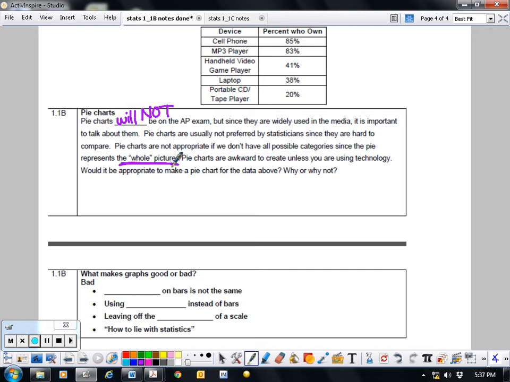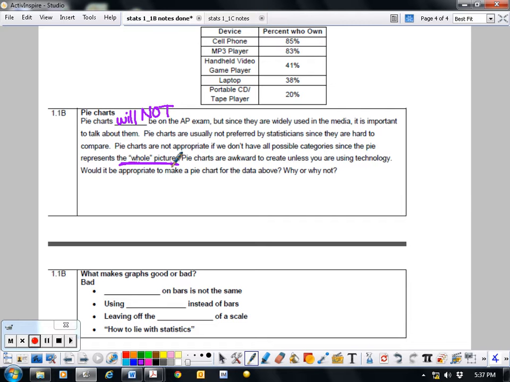And so when I'm looking at these things, for a whole picture, everything would have to add up to 100%. And when I look at these percentages, they don't add up to 100%. And the reason why is because people can own more than one device. So for a pie chart, you have to make sure that each person is in one category only. And so you have to be really careful about how you're doing that.